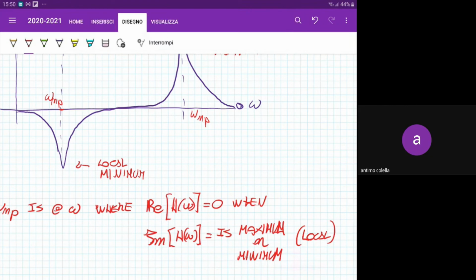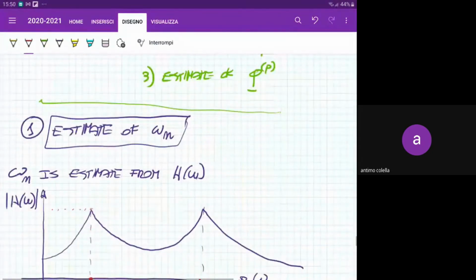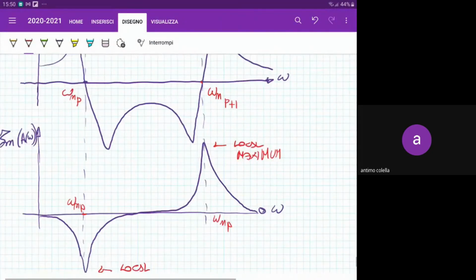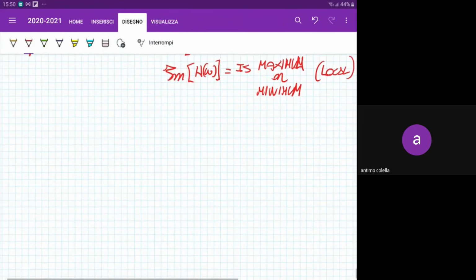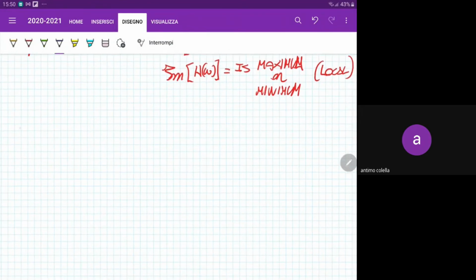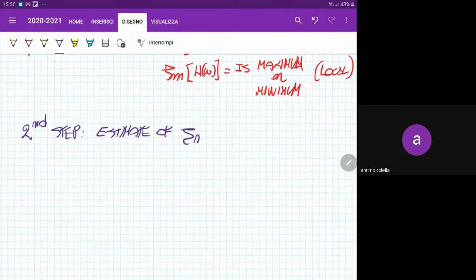Now, if no questions, let's go to the second step, that is the estimate of your damping ratio. Okay. Second step, estimate of the damping ratio.